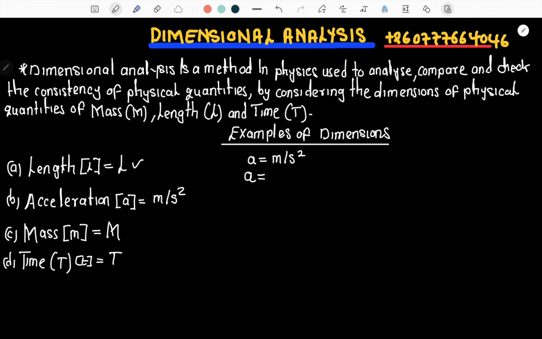So you are going to put your L where there is M, and then S is the second, so it is second to the power 2. What are the dimensions of time? The dimensions of time is capital letter T. So you're going to put your capital letter T to the power 2, and this becomes the dimensions of acceleration.